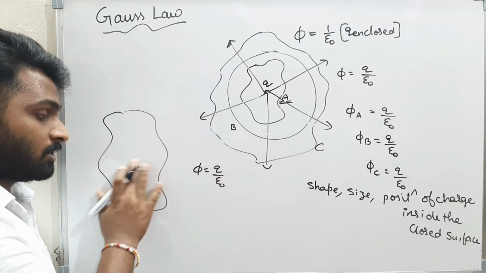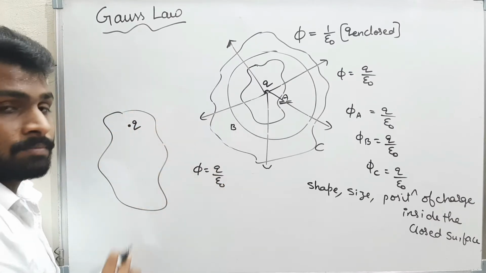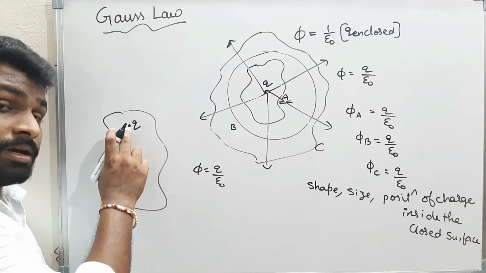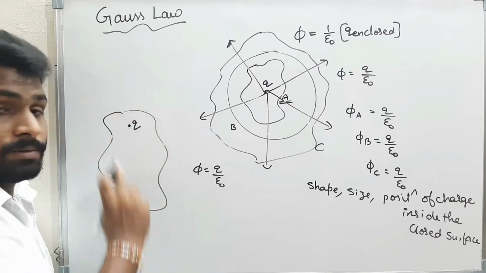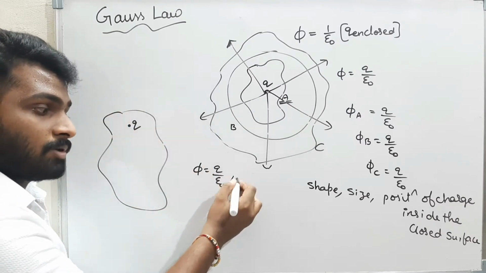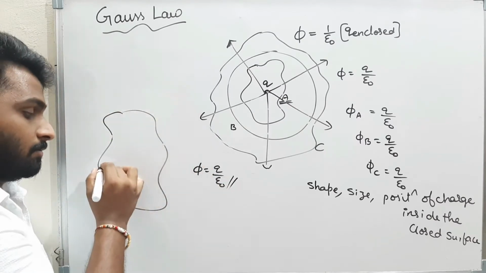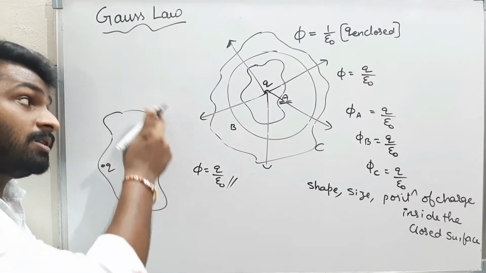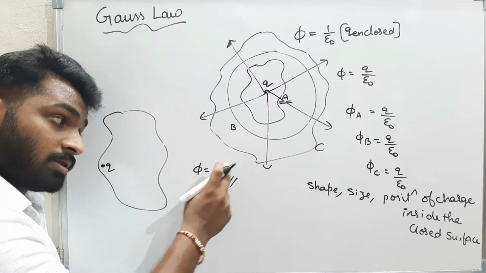Now, if this charge is here, even though the charge is here, this charge is inside this closed surface only. Therefore, the flux is Q by epsilon naught.